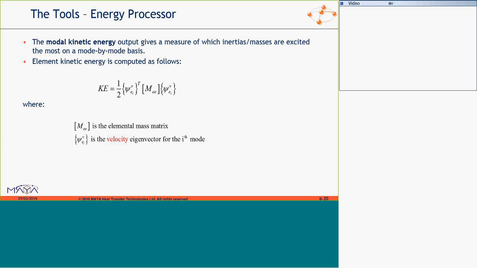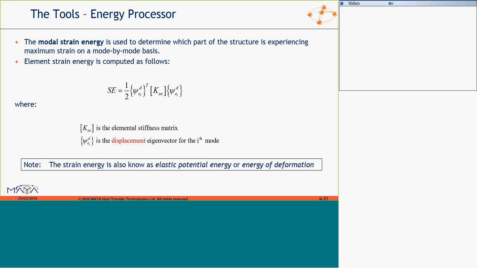The kinetic energy gives you a measure of which masses are excited the most in each mode. It's computed by multiplying the elemental mass matrix by the velocity eigenvectors. With the strain request, we'll generate these kinetic energies for each of the modes.